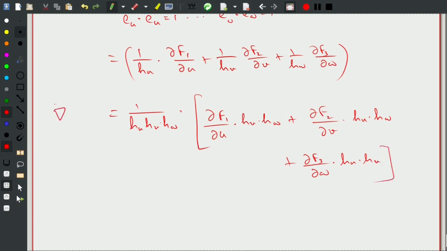This is our divergence of an f vector in a curvilinear system.